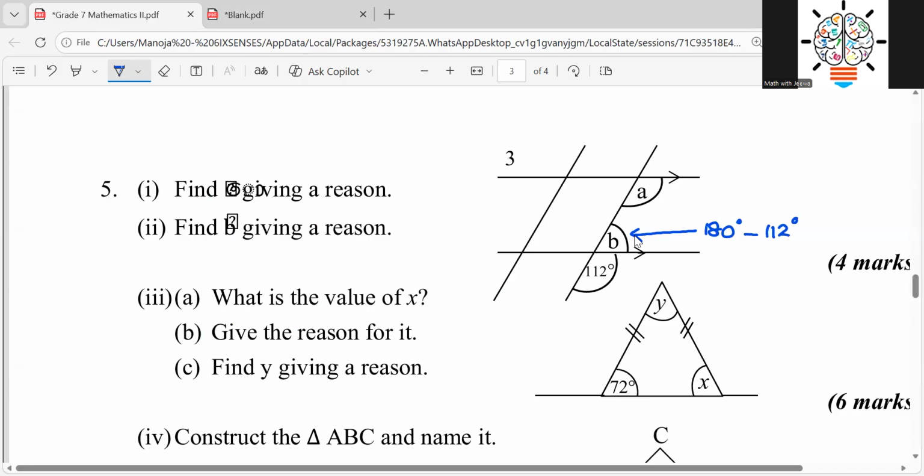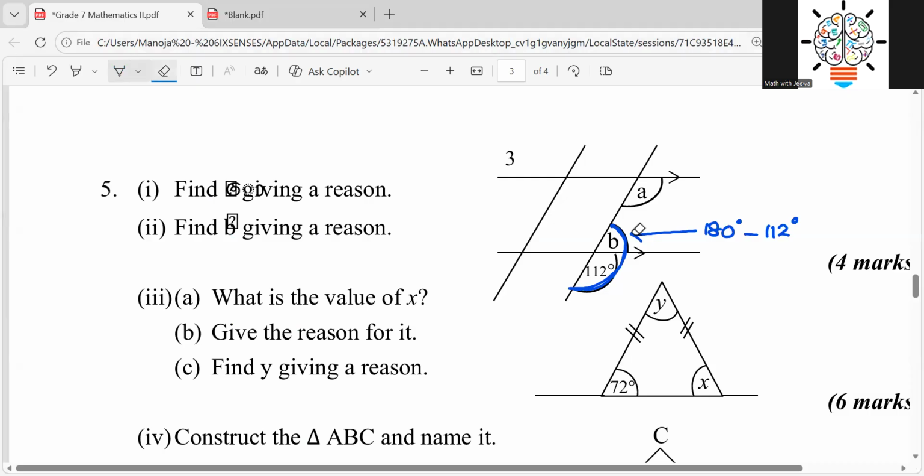What is the reason? Angle on a straight line add up to 180. That is the reason. You can see that both the angle B and 112 are on the same straight line. So they add up to 180. Therefore, to find B value, you want to deduct 112 from 180.